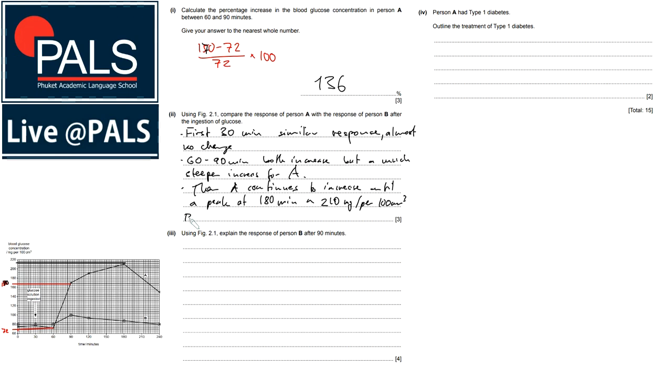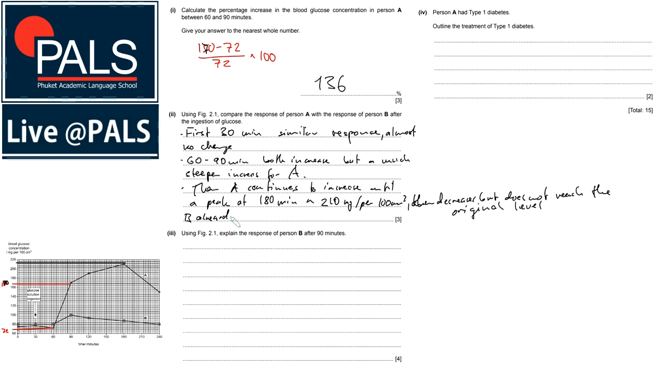Whereas B already decreases, but does not reach the original level.